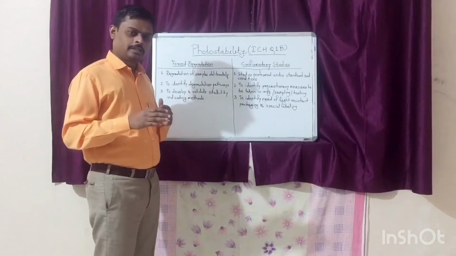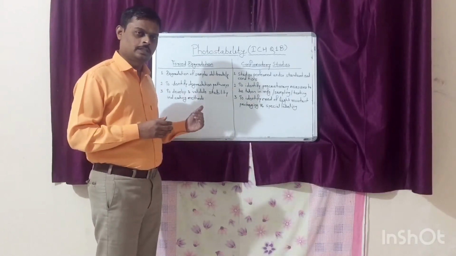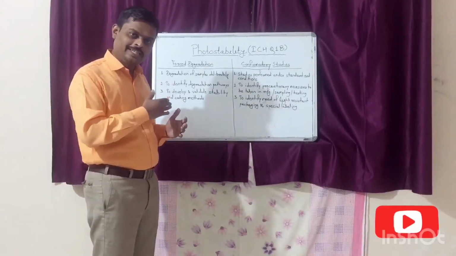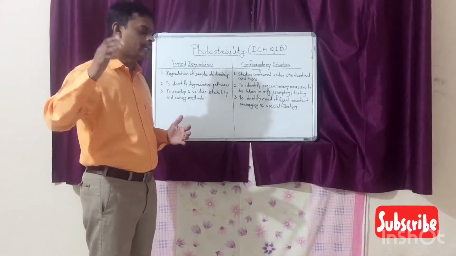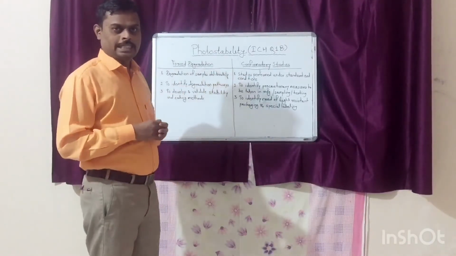For example, if the observed degradation is below 5%, you can modify your exposure time, you can increase the exposure time to achieve the degradation between 5 to 30%.